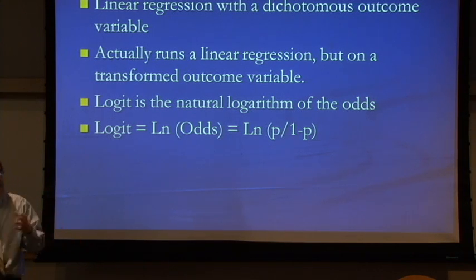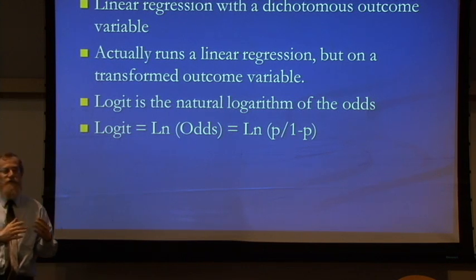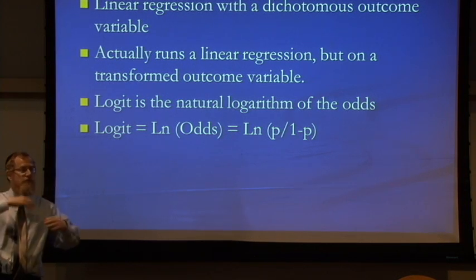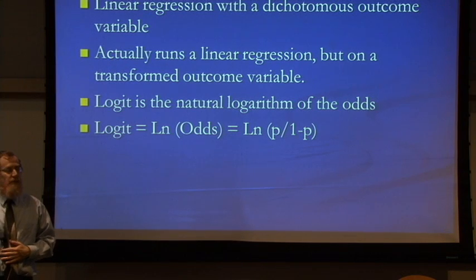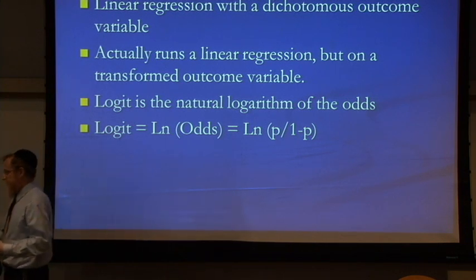So it does the transformations, does its mathematical incantations and so forth, then runs a linear regression in that transform model, and then goes back and says, let's put it back into the way the variables were originally.